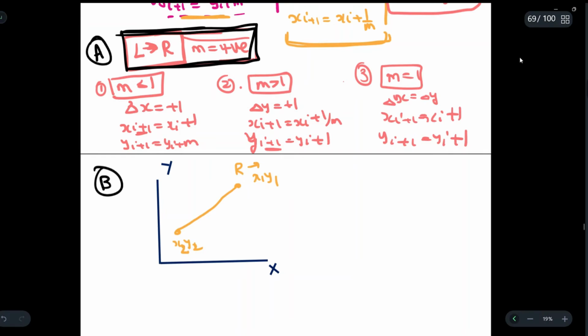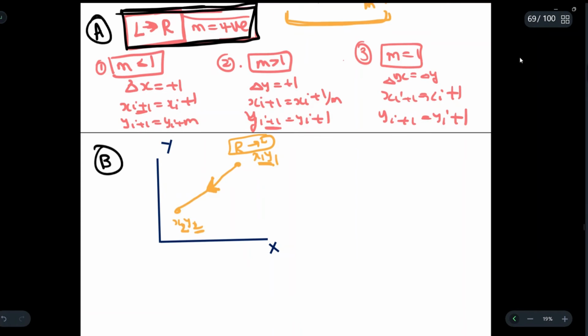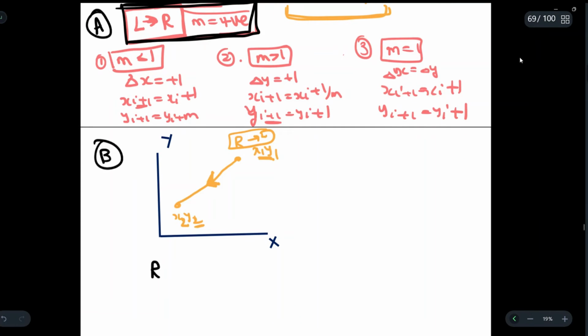That is, we will be going from right to left, from x1, y1 to x2, y2. Now we will be having different criteria over here. So now let me summarize it again, that for part B we will be moving from right to left, and m will again be positive over here.